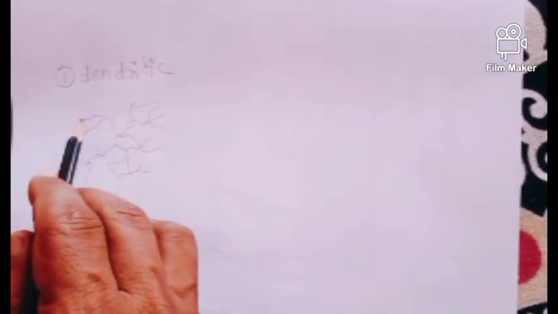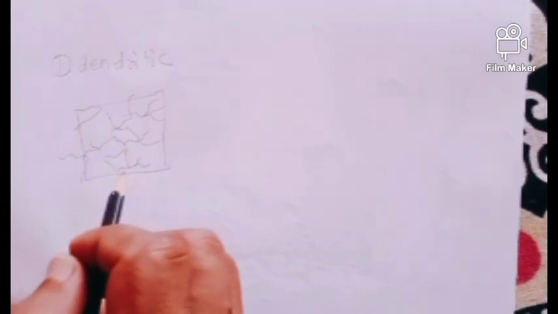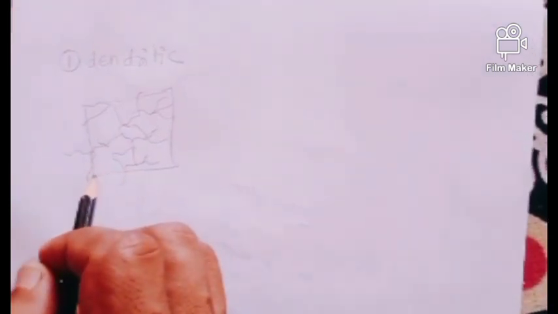If you take a look at this type of shape, it generally makes the shape of tree branches or a dried leaf of a tree. So this type of drainage pattern is called dendritic.